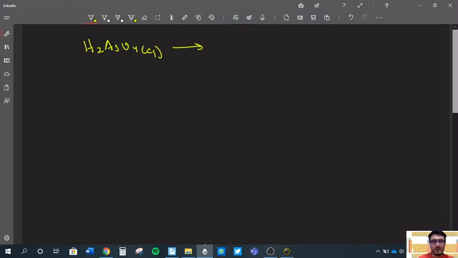This does go back and forth, so let's just do that. First ionization, first removal, and that has a certain Ka value. The second ionization comes from here.